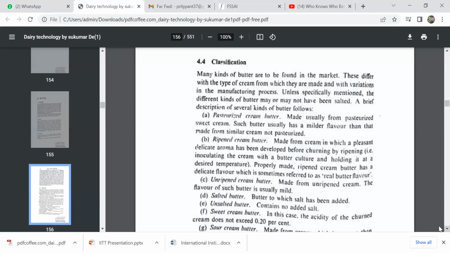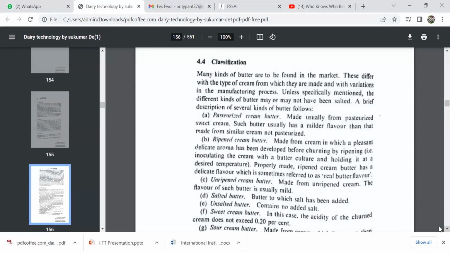Ripening is inoculating the cream with the butter culture and holding at a particular desired temperature. So the butter prepared from the ripened cream has a particular kind of flavor, which is known as the real butter flavor. So if the question comes as to in which kind of butter the real butter flavor will be present, it will be in ripened cream butter. If the question is which kind of cream we will use for real butter flavor, the answer will be the ripened cream. Okay, so you can get this kind of questions in the exam.